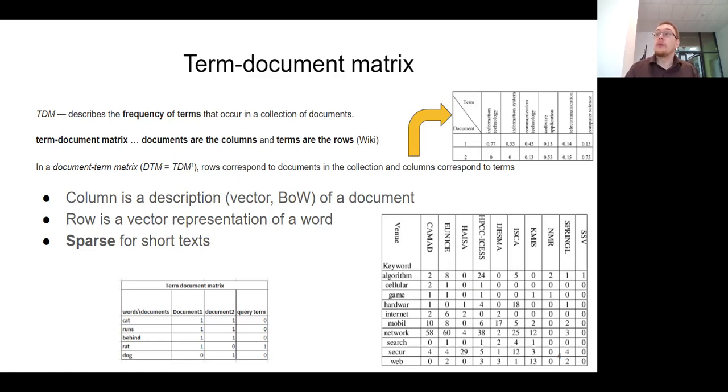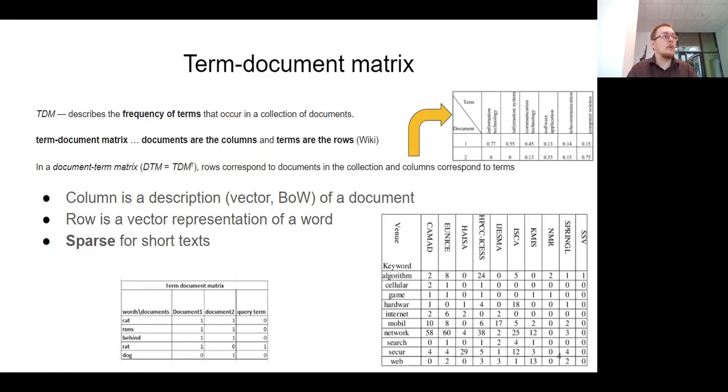And one more important thing: if we have this matrix, imagine there's a billion documents and hundreds of thousands of terms. If you multiply, you get hundreds of trillions of positions. And of course, not all the words are present in a particular text. This means that the matrix is sparse. Do you know the term sparse?